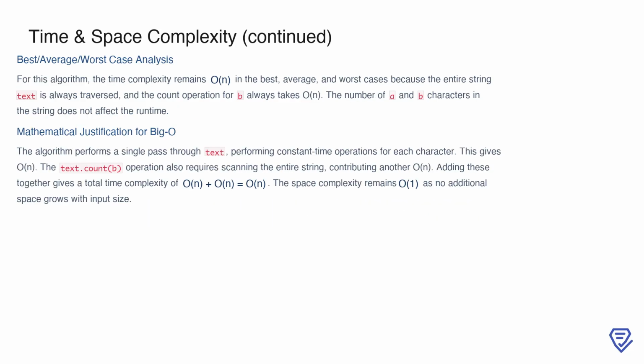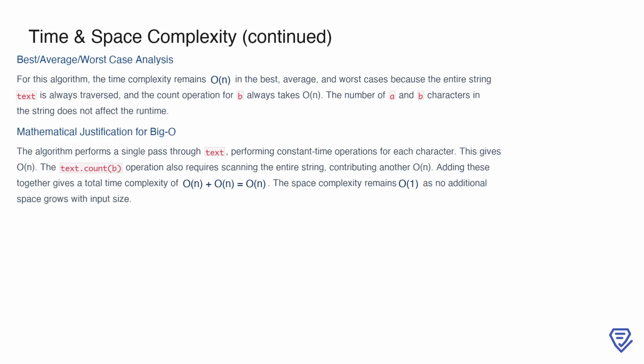Finally, let's consider the best, average, and worst-case time complexities of the algorithm. In all cases, the time complexity remains O(n), because the algorithm always traverses the entire string text and performs the same operations regardless of the input's content. The text.count(b) operation also requires scanning the entire string, which is consistently O(n).